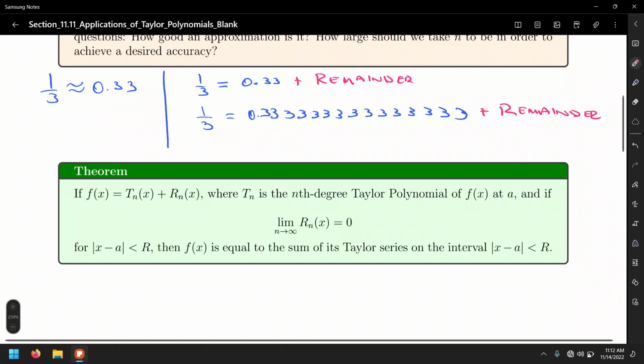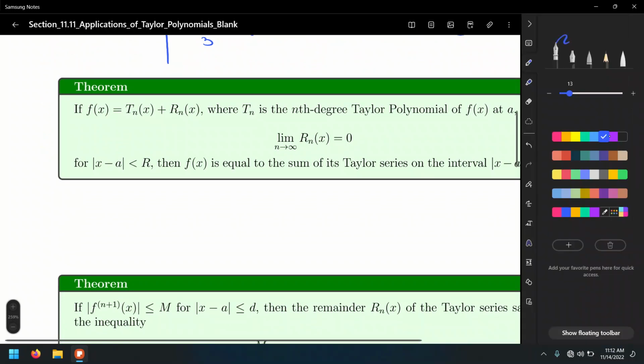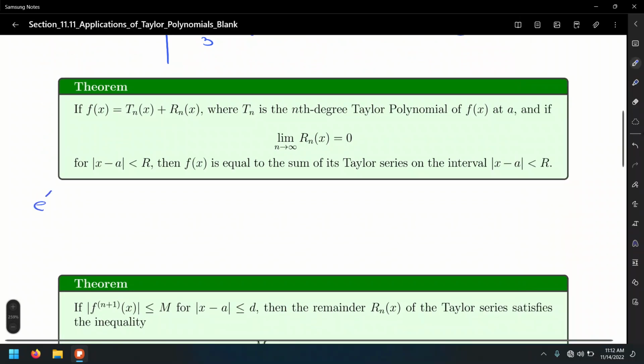In this case, the same situation occurs with polynomials as with numbers. We get the approximation plus a remainder. The two quantities added together will give us the actual value. As an example, e to the x equals 1 plus x plus x squared over 2 factorial plus x cubed over 3 factorial. That's simply the cubic approximation, which is a decent approximation.